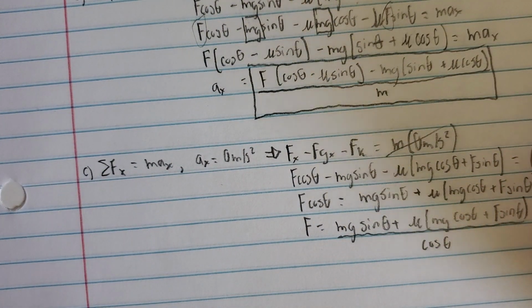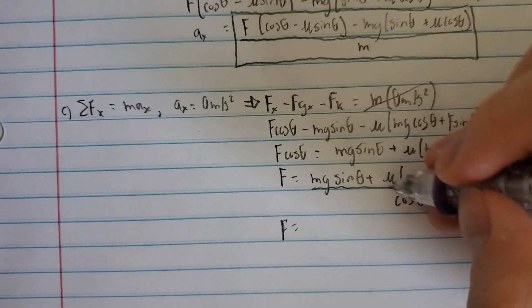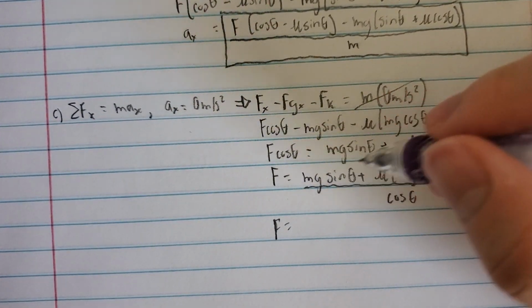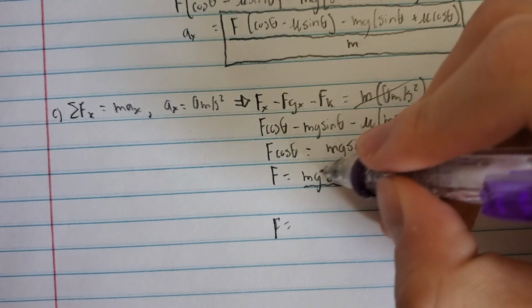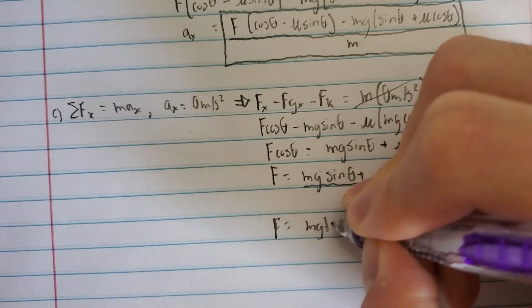Right now I'm going to distribute my cosine at the bottom to each term on the top. So this and this is going to combine to make tan. So I have mg tan right here.